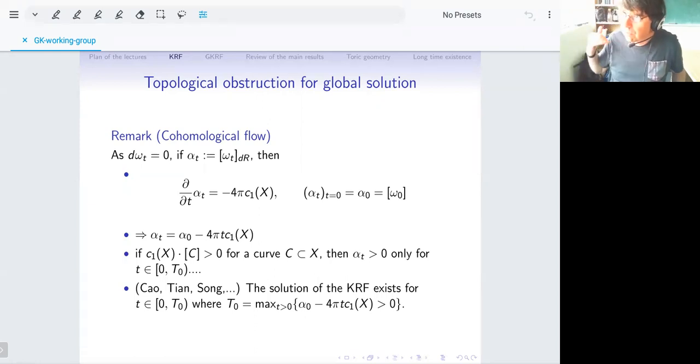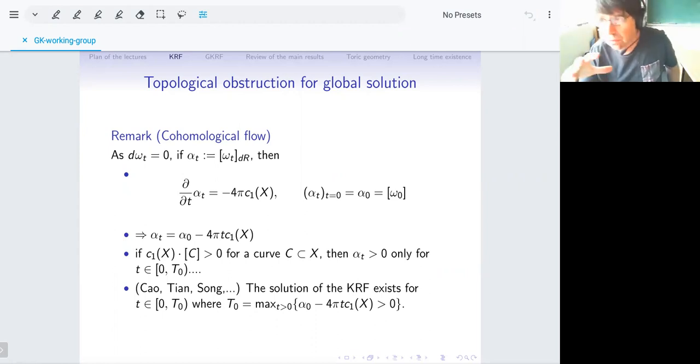We said that the flow generates Kähler metrics. So when you integrate over this curve, on the left-hand side you have to have something positive. This is positive and fixed, but then when you evaluate here, you have something negative, and when t is big enough, you cannot have a Kähler metric solution.